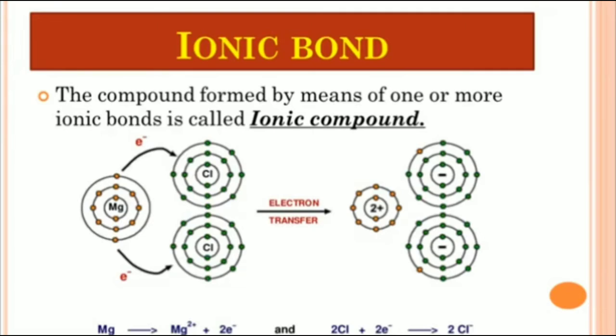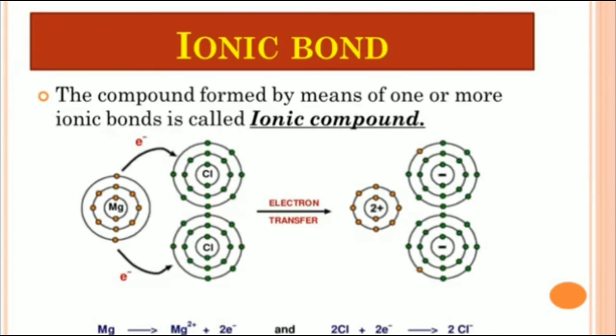The electronic configuration of magnesium is 2, 8, 2. That means the outermost shell has two valence electrons. And by losing those electrons, the chlorine atoms will gain them and complete their octet.